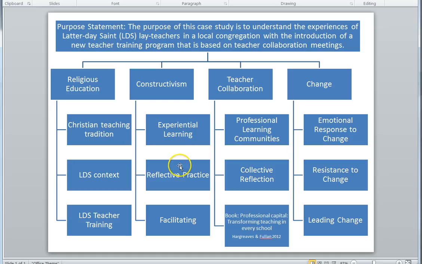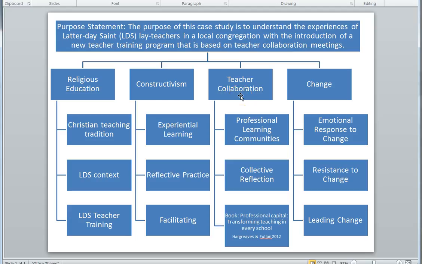She's also talking about, and these really are more parallel than they are going from general to specific, although it could be, reflective practice. Reflective practice is a type of experiential learning. Experiential learning nests nicely in constructivism, and facilitating is a specific type or a way of using reflective practice. So it can easily be looked at here as going general to specific.